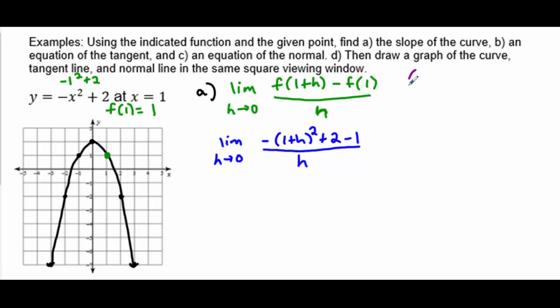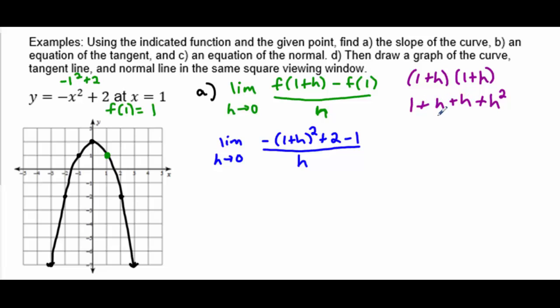Now it's important to note that for 1 plus h squared, you need to FOIL 1 plus h times 1 plus h. If you just write 1 and h squared and you think that's what it is, you're close, but still so far away, because that's my first term, that's my last term, but I also have 1h and h, or 1h twice, that I get from my outer and inner terms.